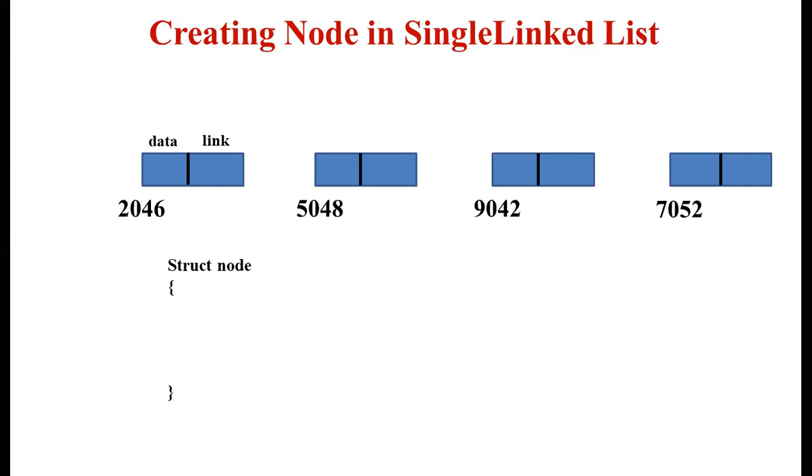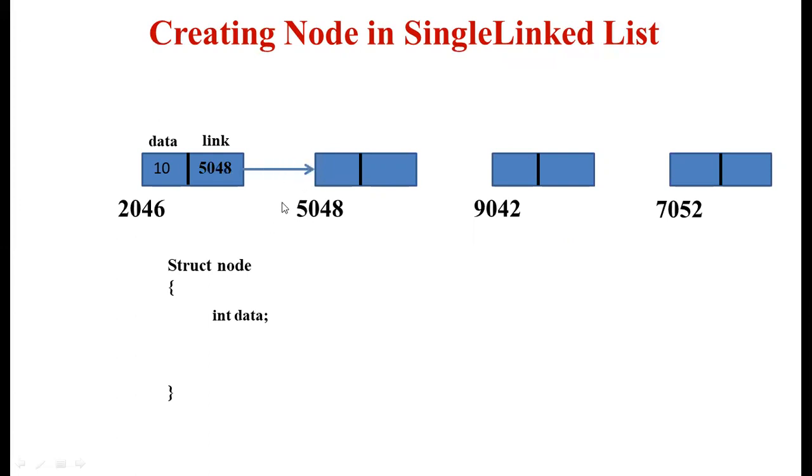Suppose here the data is 10. Say that we want to insert the data 10, which is an integer. So we write int data. What is the second field? The second field is the link, which will be holding the next address 5048. So this is pointing here.